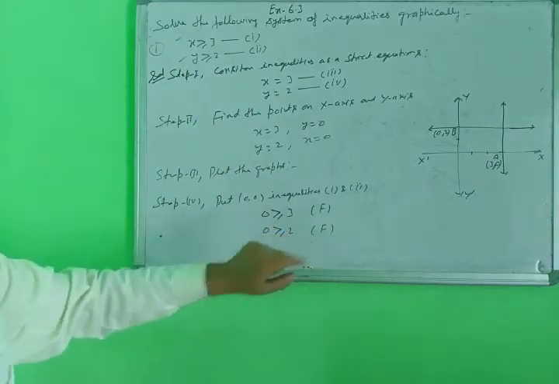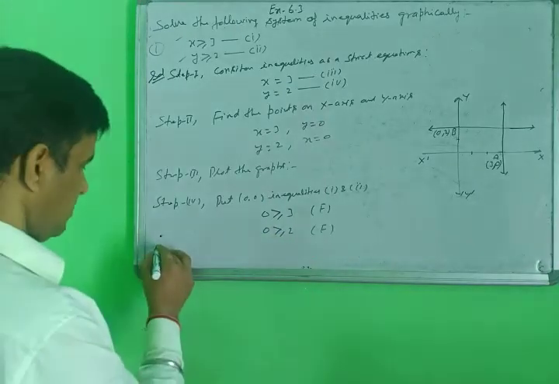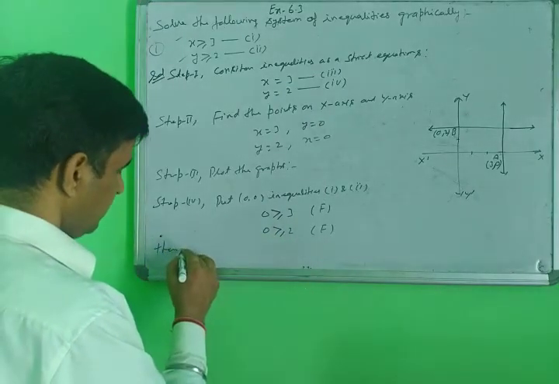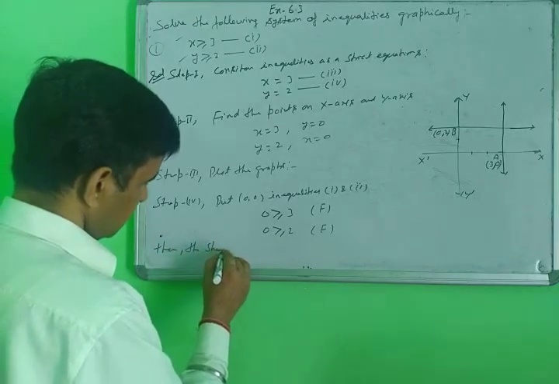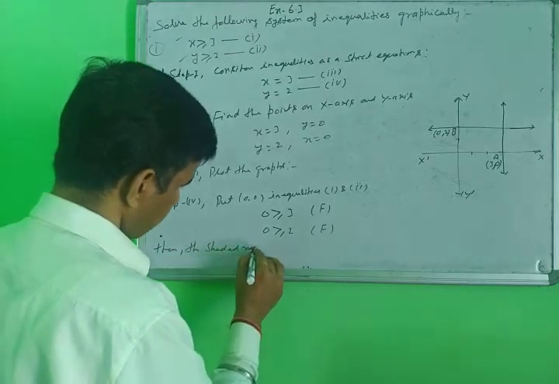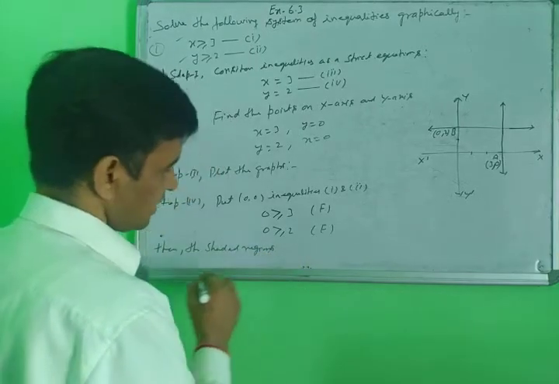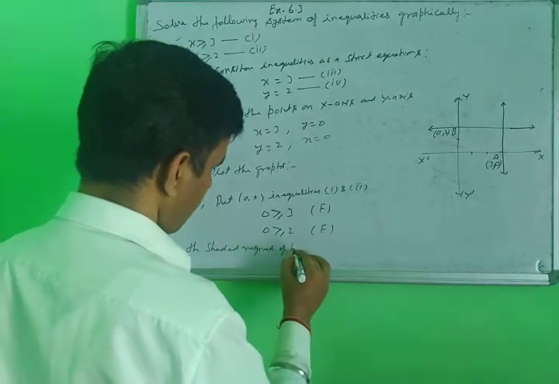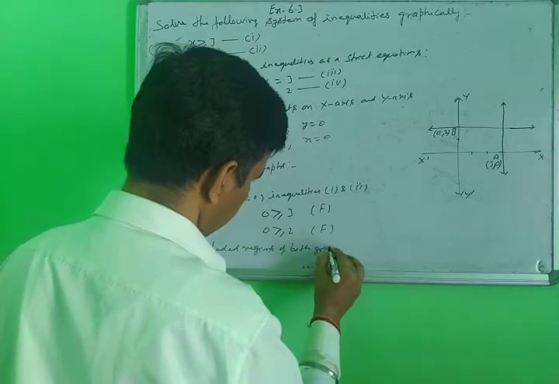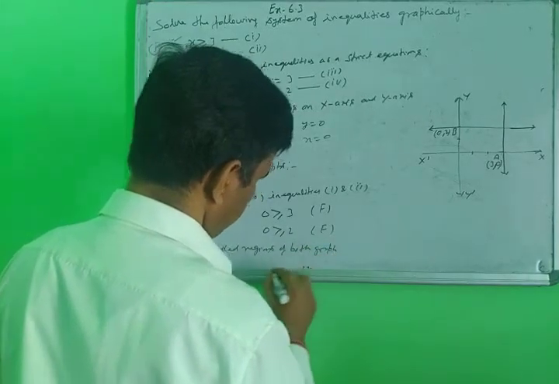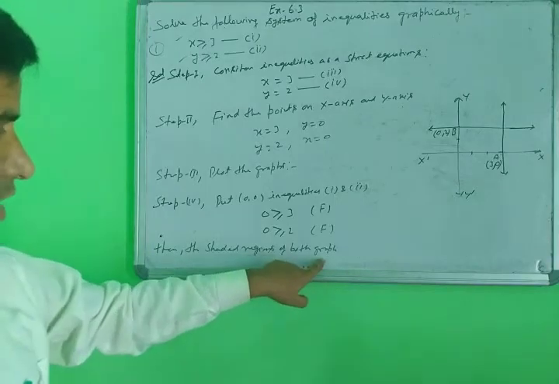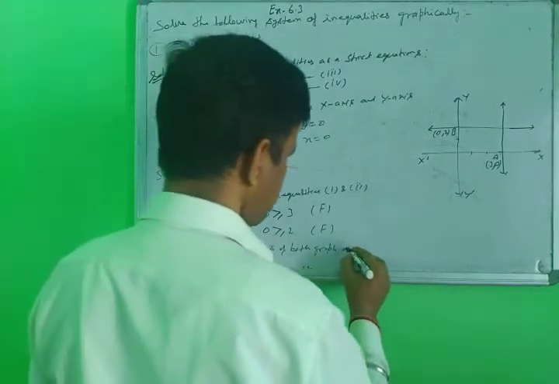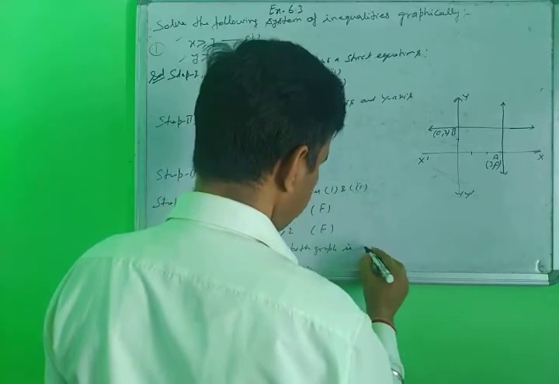So you can say the shaded regions of both graphs are away from the origin.